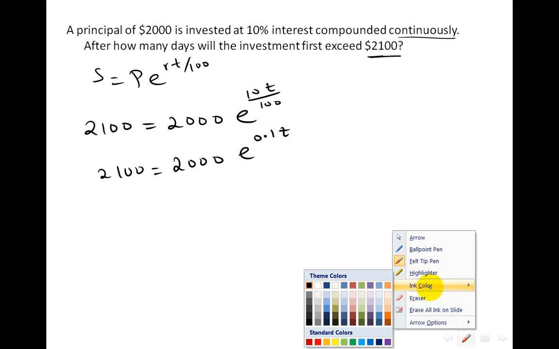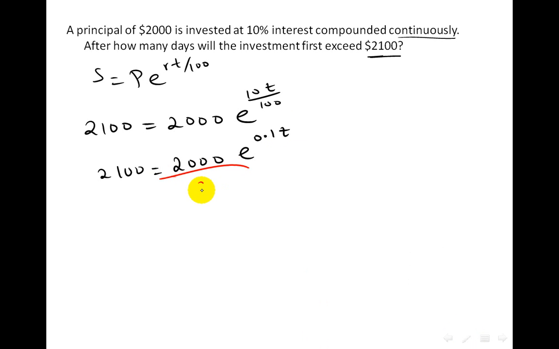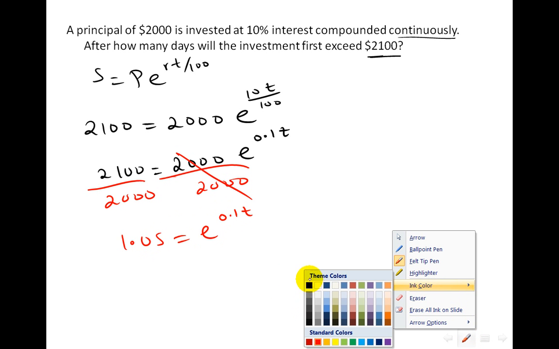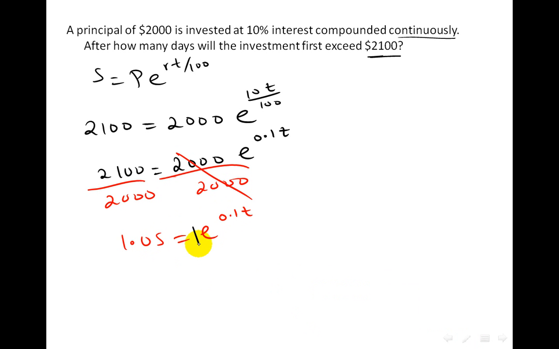Here again we want to isolate the t, so get rid of the 2000 by dividing both sides by 2000. You'll find 1.05 equals e to the power of 0.1t. Now how can you get the value for t? Okay, put ln on both sides.